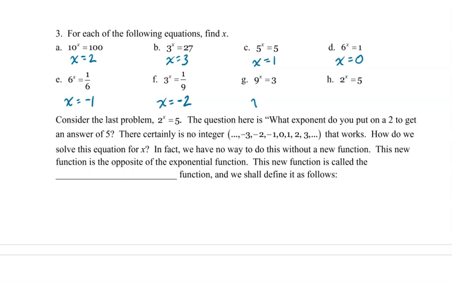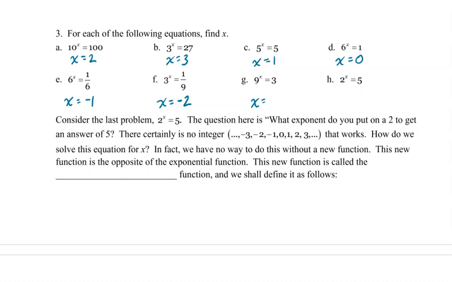All right, this next one's a bit harder. So 9 to the x equals 3. Well, 9 times 9 would be way bigger than 3. 3 isn't a fraction, so it's not going to be negative. And it's definitely not 0, because that would equal 1.